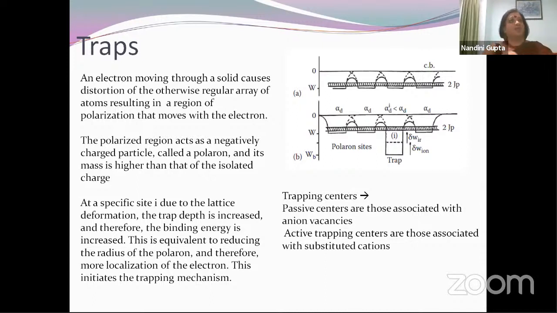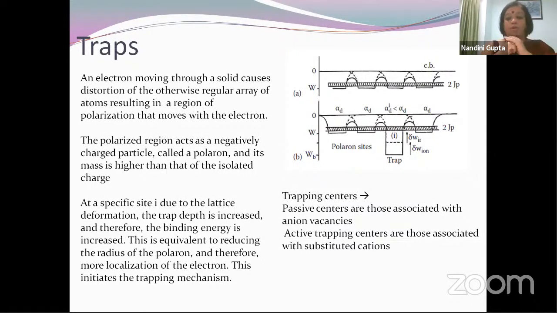You have the neutral molecules and an electron arrives there. The electron causes other electrons to be repelled. It causes the negative ions to be repelled. It causes the positive ions to be attracted. So in a very small region, you have a local disturbance of the charge scenario.